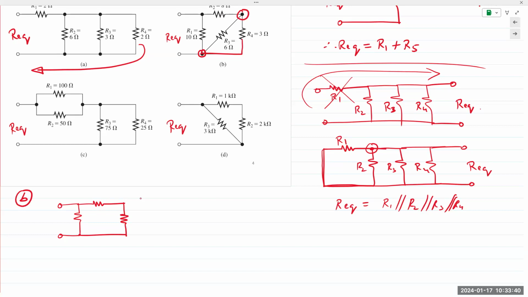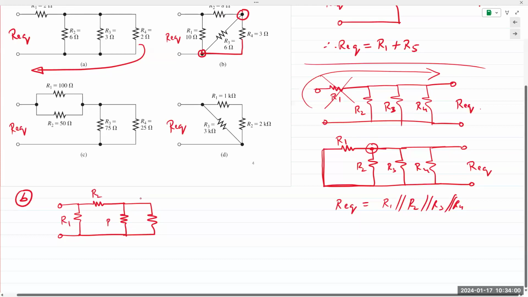It's exactly the same. So this is exactly the same as this. No difference. It's just drawn on a diagonal instead of being drawn vertically or horizontally. So this is R1, R2, R3, and R4.